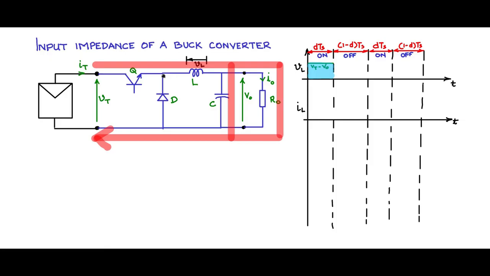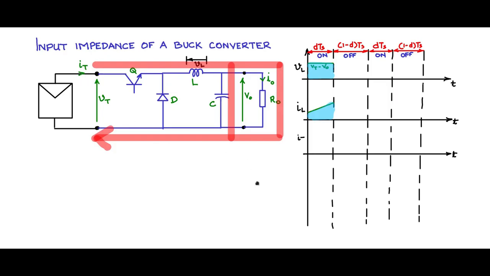And the current through the inductor is flowing in this fashion. As I said, this is more positive than this. As shown in this graph, the current will rise up linearly. VT minus V0 is constant, and because VL is equal to L dIL by dt, IL is an integral, it rises up with a slope of VT minus V0 by L. So it will be like this, and I will add one more axis like this, and that is to see what the terminal current is like.